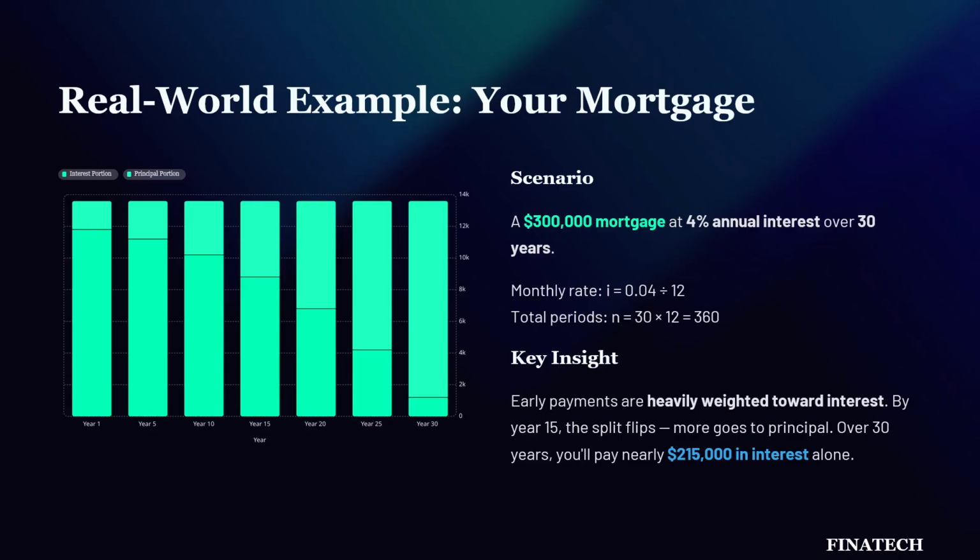So if you make the calculation, you must pay nearly 215,000 in interest alone over 30 years. So you must be clever to make an amortization of your loan.